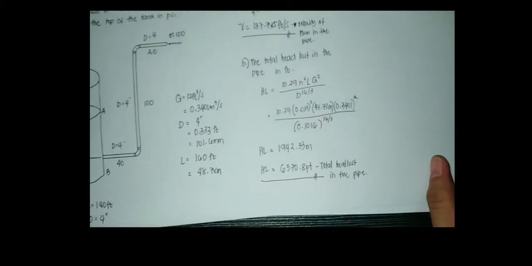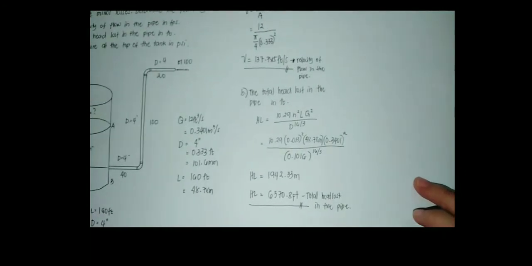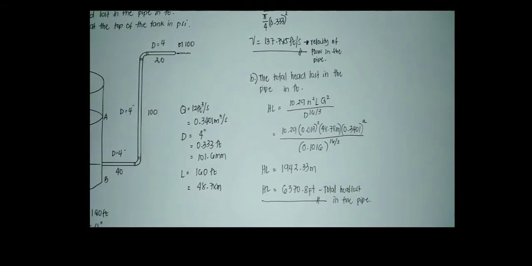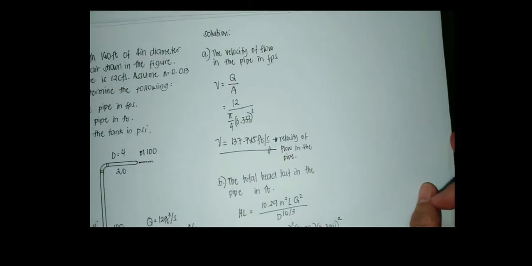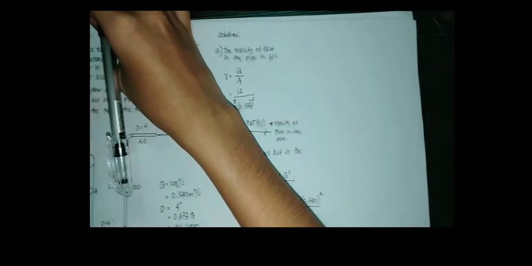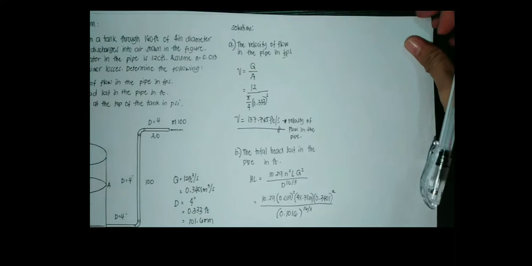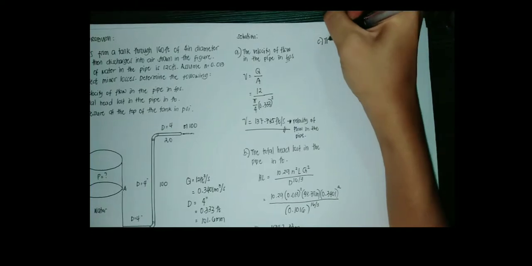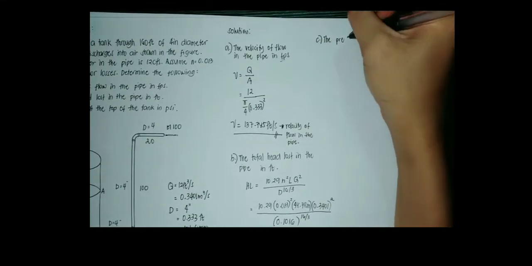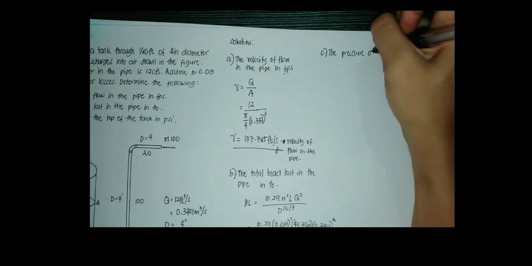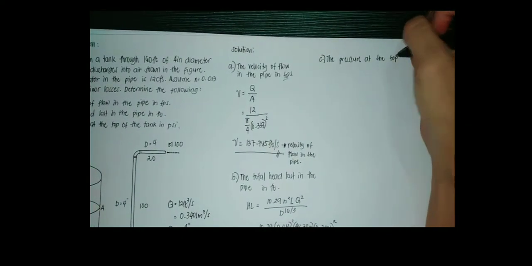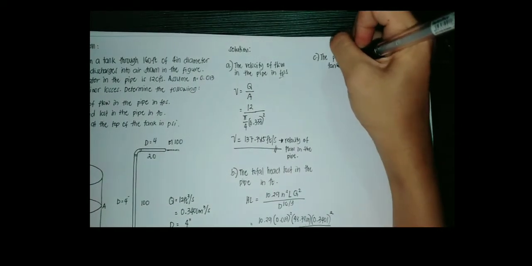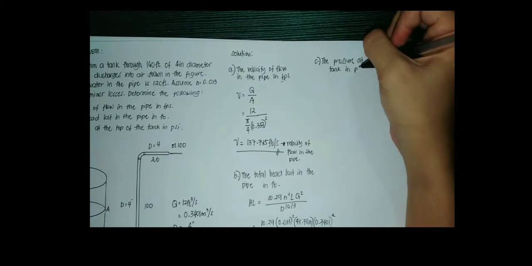For the second one, we got its value again. So let's proceed to letter C. Let me put this on the side, since there is still space for this equation. Letter C is the pressure at the top of the tank in PSI.